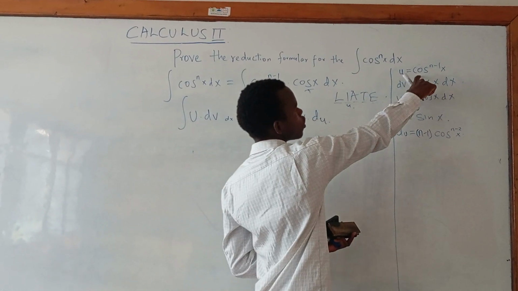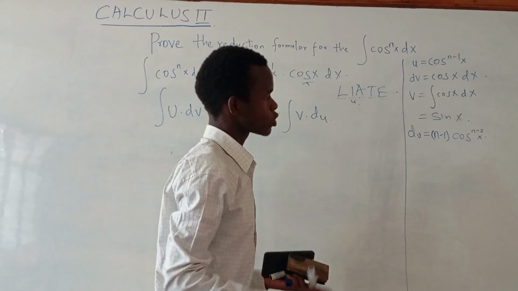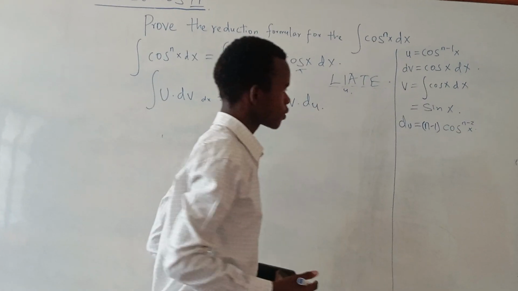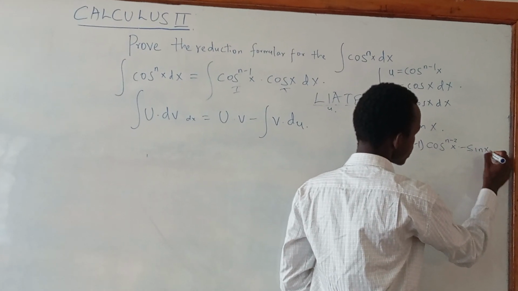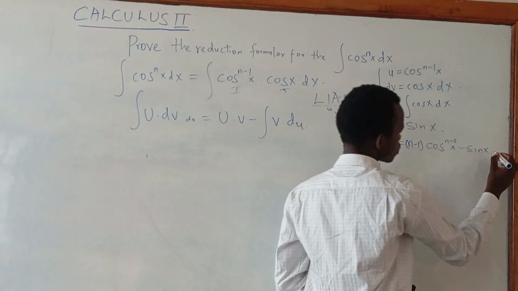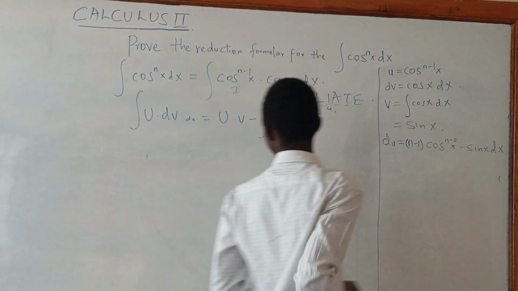This is the chain rule. The inside function is cos of x, and its derivative is negative sine of x, so we have dx.